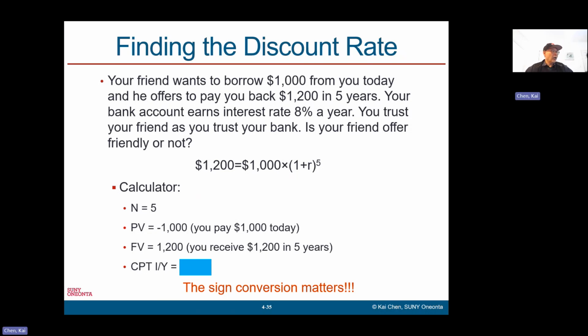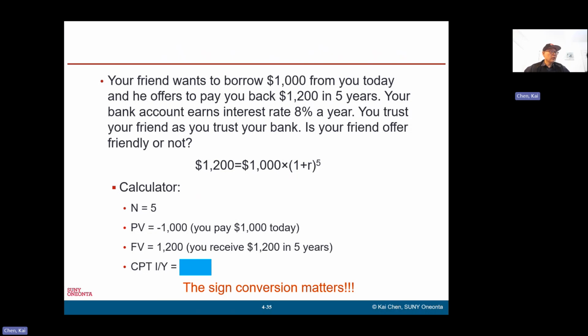Okay, how can we use math? Now we have this equation. First of all, I divide both sides by 1,000. Now on the left hand side, that should be 1,200 divided by 1,000, right?